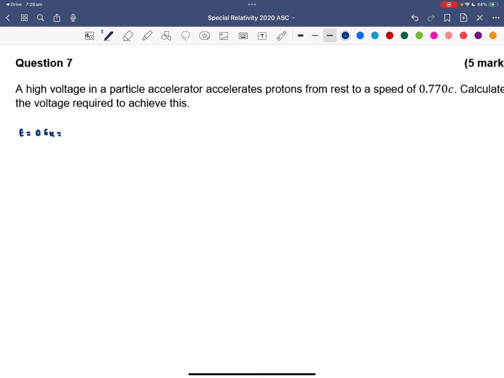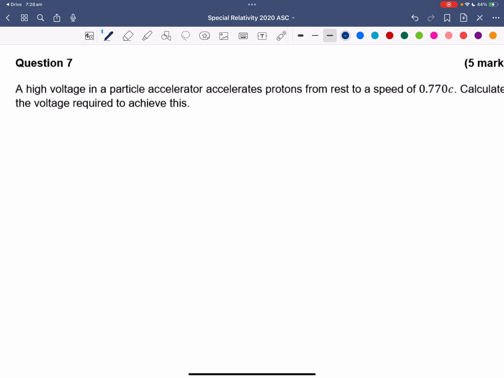And the formula for change in kinetic energy is not as simple as just half mv squared take half mu squared. That's using Galilean relativity.